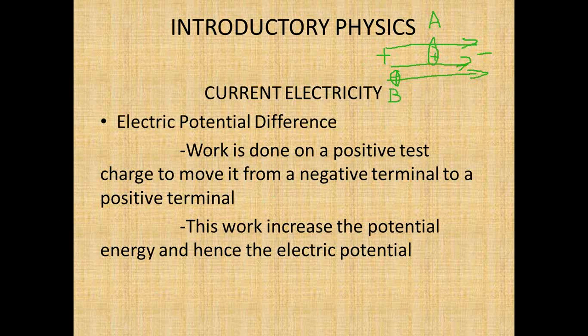Similarly, if you lift an object and put it, say, on a hill, you're going to increase the potential energy. So same thing, you move the charge from A to B, you're going to increase the electric potential and the electric potential energy. It's the same difference.